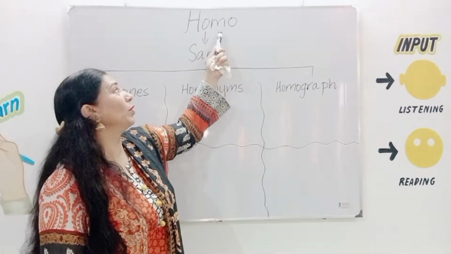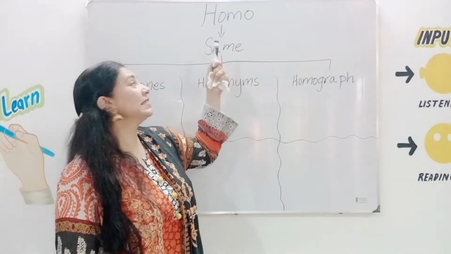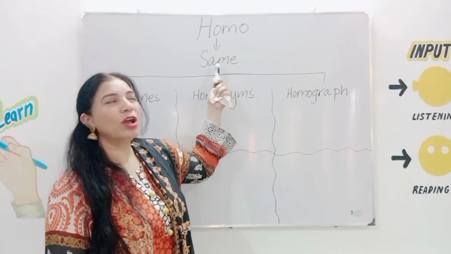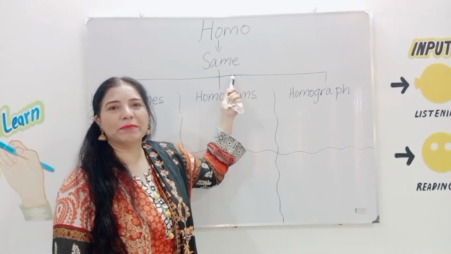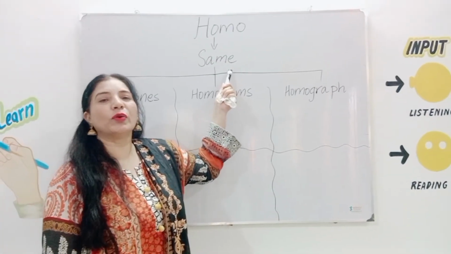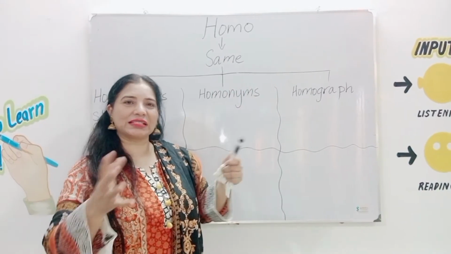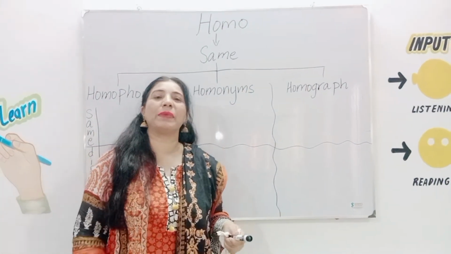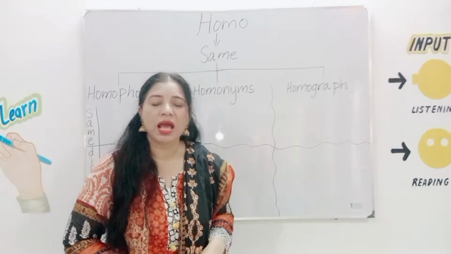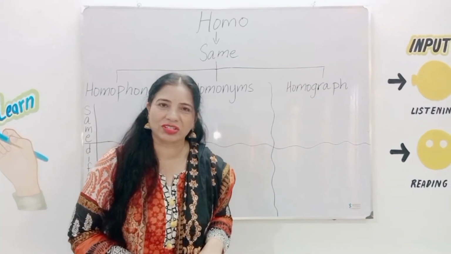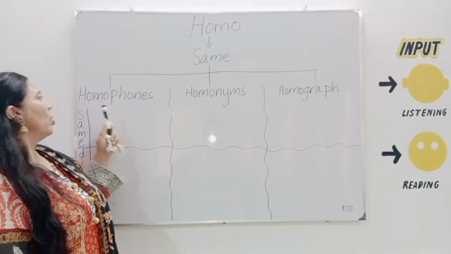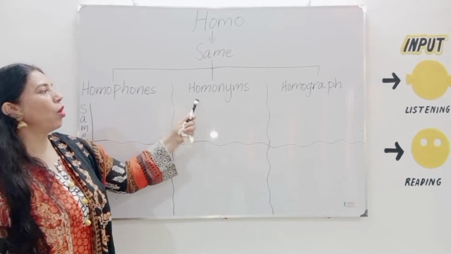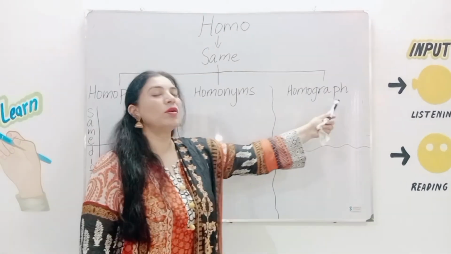Homo on the board. Homo means same. So in English, the words that have similarities and differences among them, but still create confusion, are put into 3 categories, and they are homophones, homonyms, homographs.